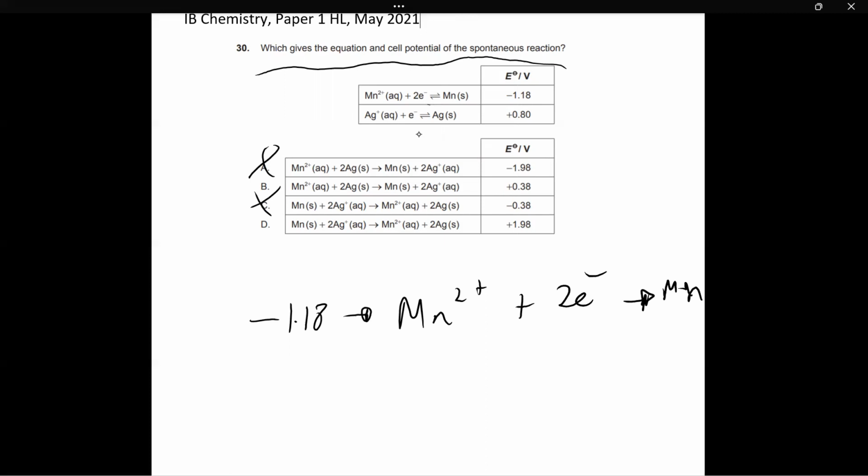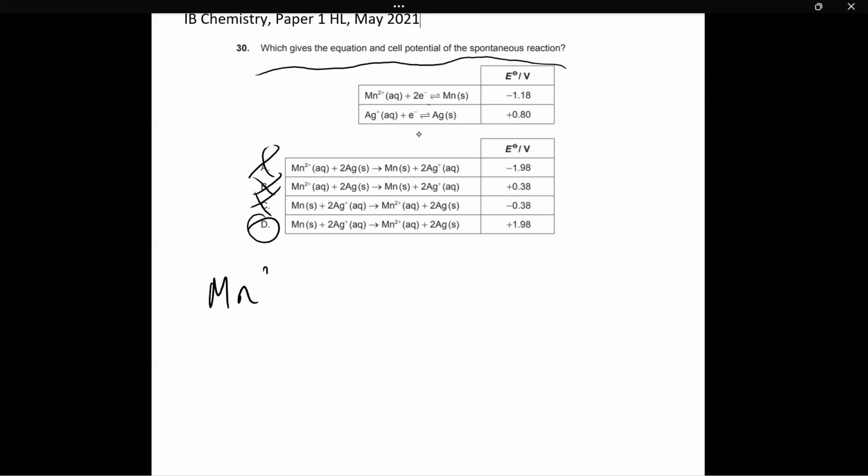So based on these two reactions, only in one of the reactions is Mn acting as a reducing agent, and that is in B. B is not the correct answer. Let's take a look at B, and let me show you why that's wrong.